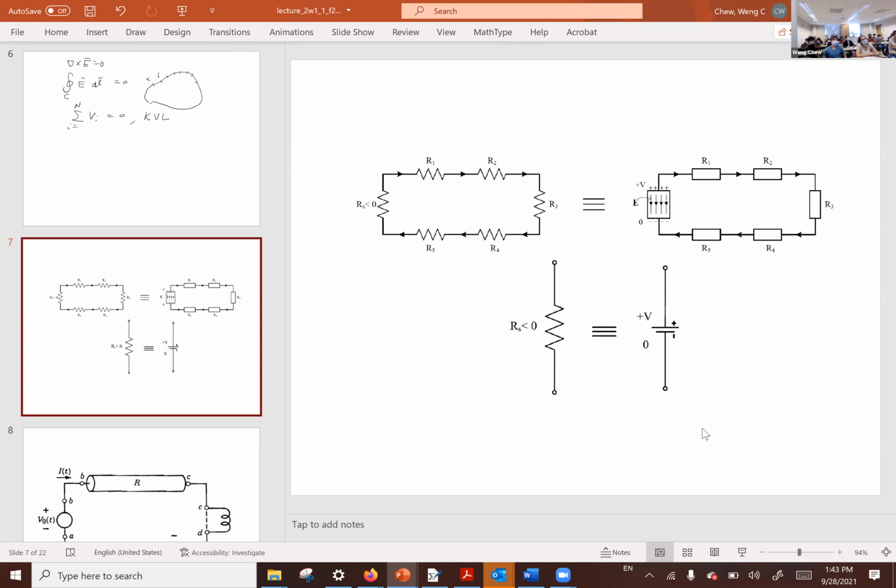But if one of the elements is a source, like that, then we can actually replace that element with a negative resistor. And if you take the voltage around and look for power conservation, you'll find that the negative resistor will have electric field in the opposite direction to the direction of current flow, whereas in the other elements, the current and the electric field are in the same direction.